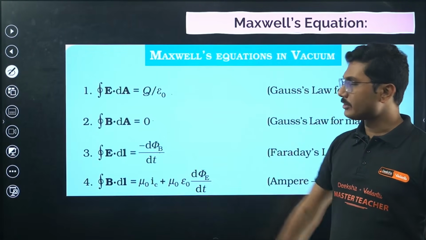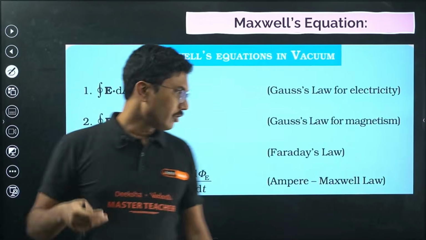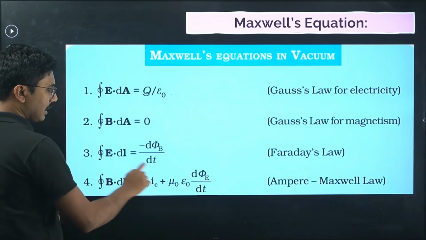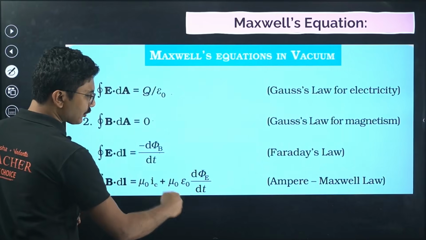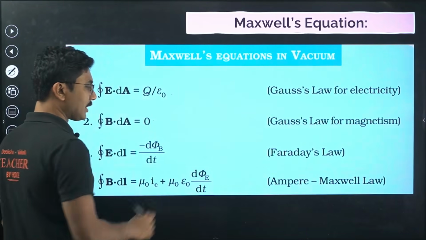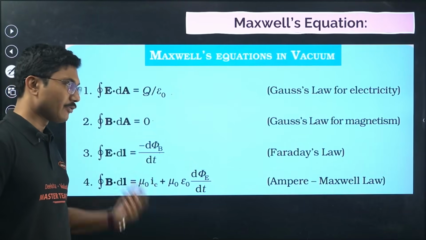So this is the modified Faraday's law, and this is actually Ampere's Maxwell's law. Maxwell gave only up to this much: B dot dl equals mu naught IC, and this portion is contributed by Maxwell. So this is Maxwell's contribution. That's why this complete equation is called Ampere's Maxwell's equation.